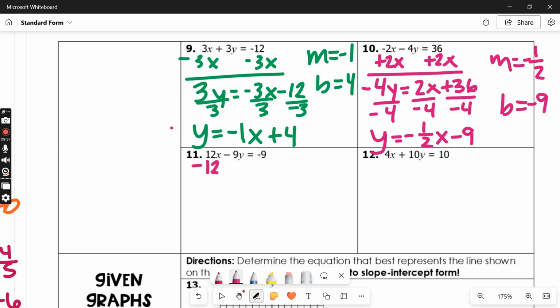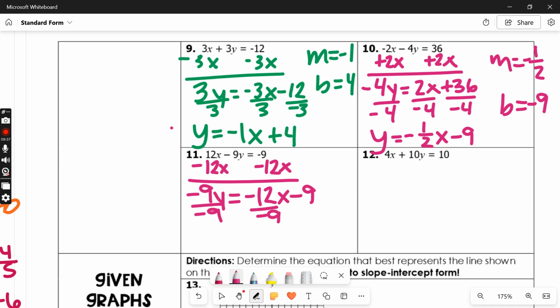On 11, I'm going to subtract 12x first, so that I have negative 9y is equal to negative 12x minus 9. And then I'm going to divide everything by negative 9. So y equals negative 12 over 9.